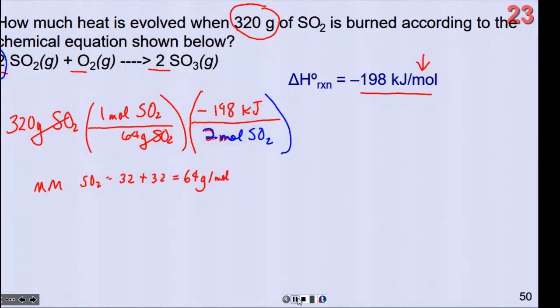And what else is lacking? So we should be able to cancel out moles of SO2, and we will end up with the heat evolved for the process by completing the arithmetic, by doing the math. If you can do your math together, you'll be all good to go. So plug it into your calculator and try it out.